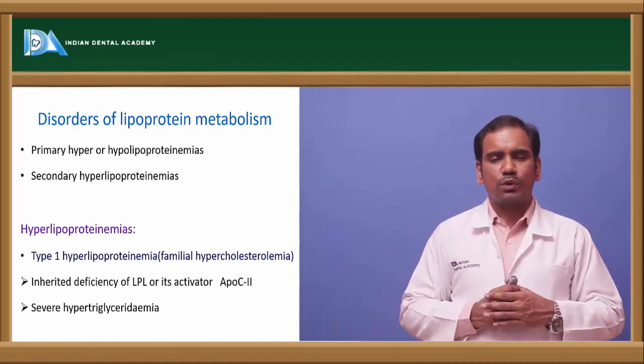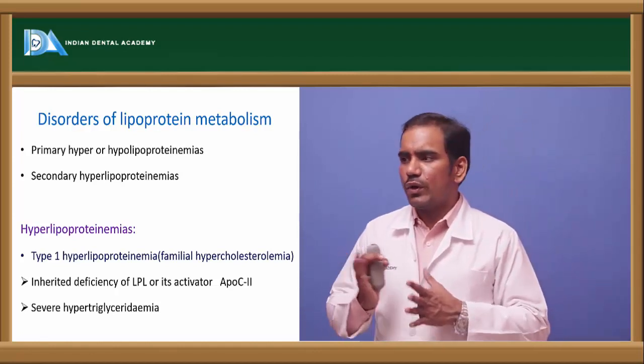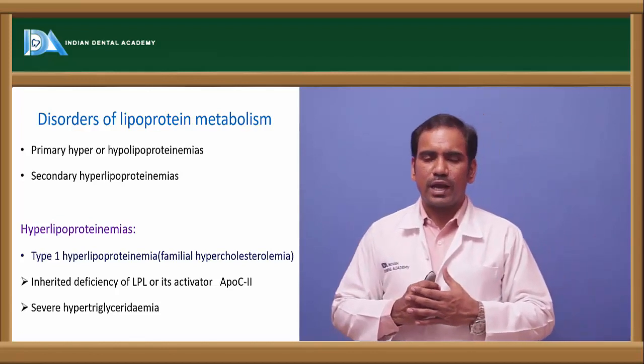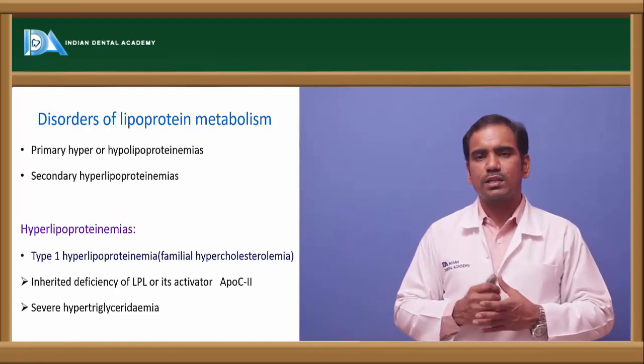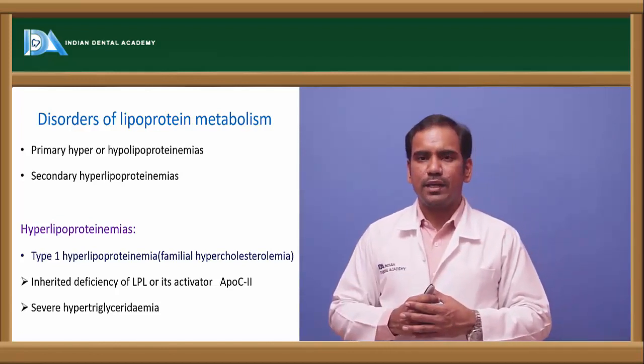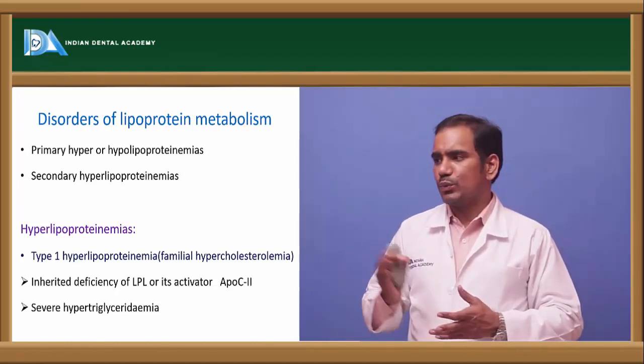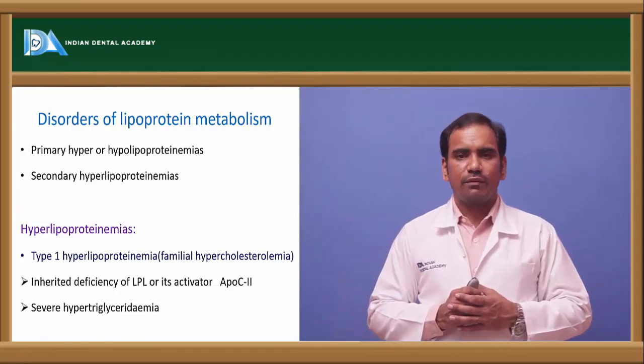Coming to the most important, hyperlipoproteinemia, we have type 1 hyperlipoproteinemia, also called familial hypercholesterolemia, and this is because of deficiency of the enzyme lipoprotein lipase (LPL), or because of deficiency of ApoC2, the activator of lipoprotein lipase.